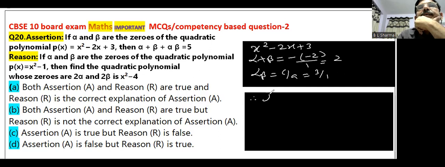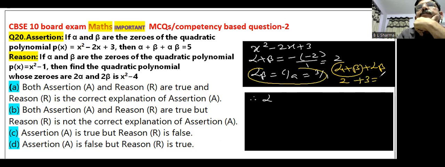Therefore alpha plus beta plus alpha into beta, alpha plus beta is 2 and alpha into beta is 3. So that is 5. It means ये तो first जो इसका assertion है वो तो ठीक है. ओके.